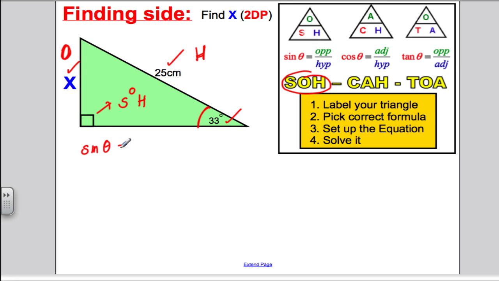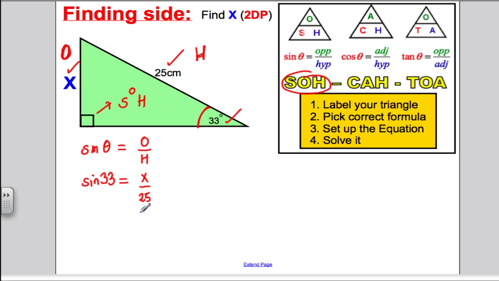Sine of the angle is opposite divided by hypotenuse. Write down the meaning of SOH. Now substitute in sine, and what's our angle? 33 degrees. Sine of 33 degrees is equal to the opposite, which is x, we want to find that out, divided by h, which is 25.